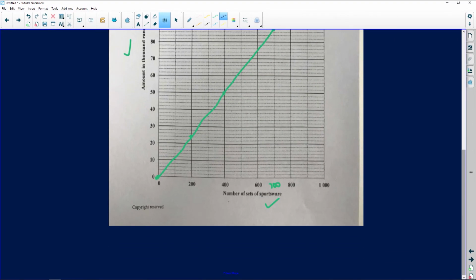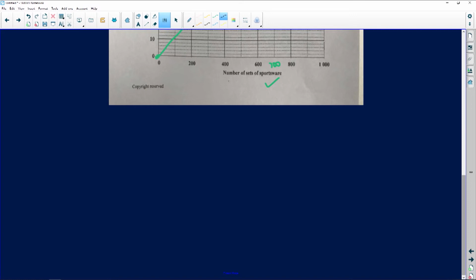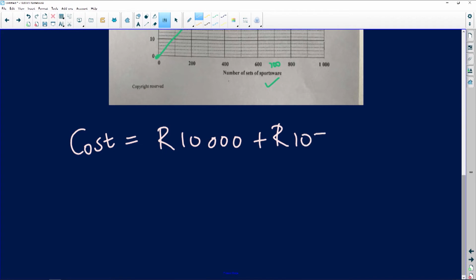So for the first cost, which would be at 0, let's look at the formula. It says cost is equal to 10,000 plus 105 times the number of sportswear.